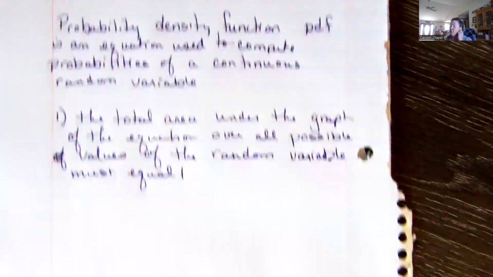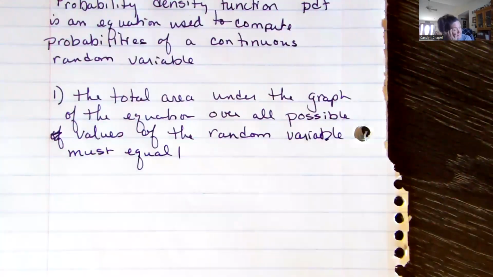This is similar to adding up all of our probabilities and getting the number 1. If we're talking about a continuous random variable, we talk about areas under our curves.